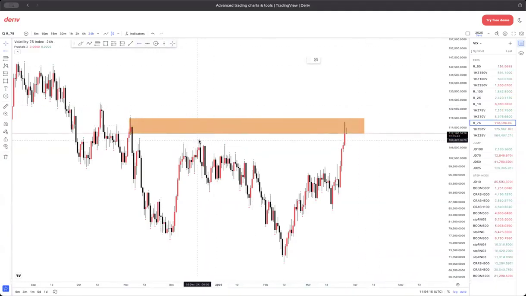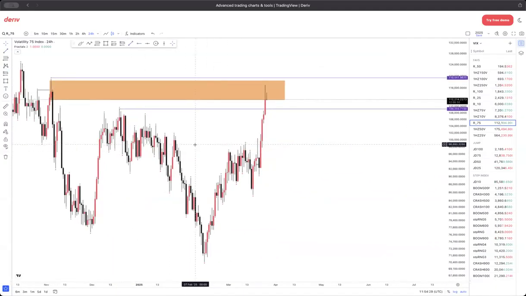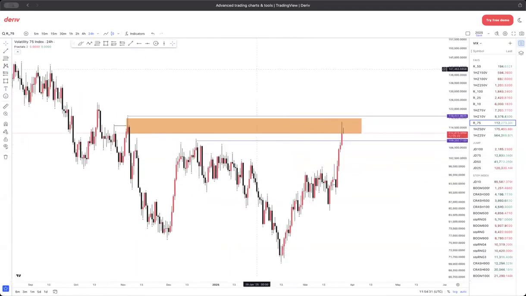Structural liquidity here, and structural liquidity there, and a sweep of liquidity at this point. So now you want to see V75 dumping. Where is the target? This should be the target.